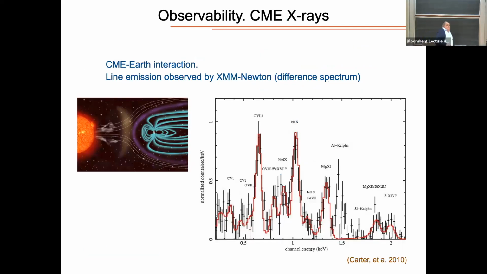Can we observe anywhere else besides comets? Yes, coronal mass ejections. Comets are nice because there you have a really unlimited source of neutrals, so comets are going to be the brightest in X-rays, in charge exchange X-rays.